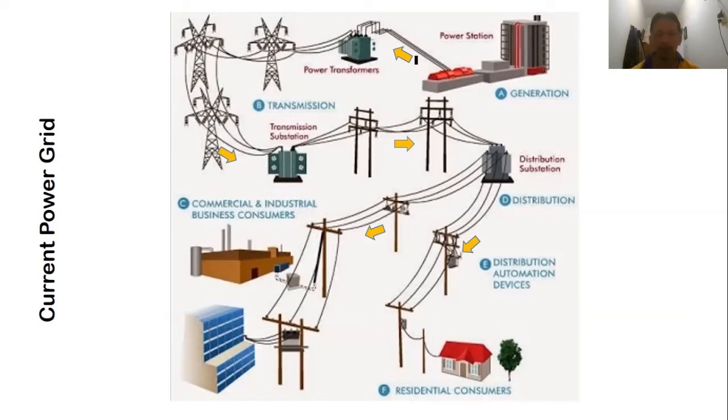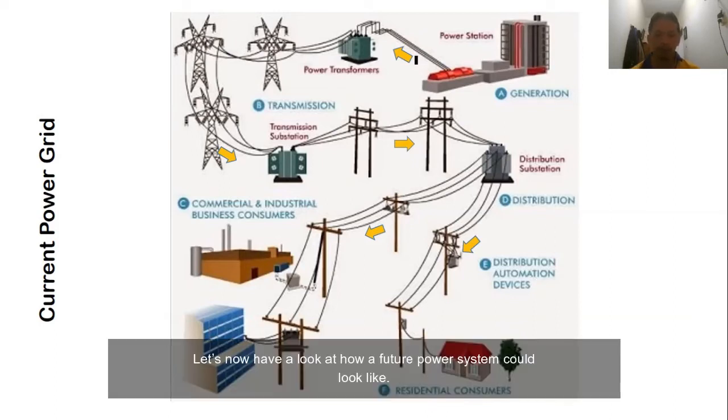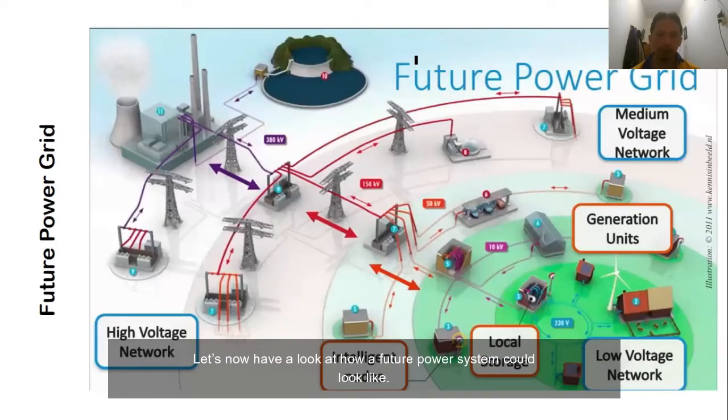And let us now have a look at how a future power system could look like. Please notice the differences. First, you might observe that there are generation units located at the distribution system. They are not centralized as in the case of the traditional power system, but distributed.